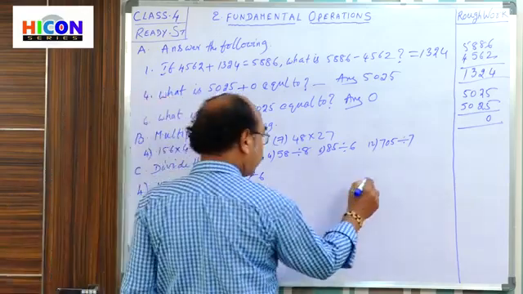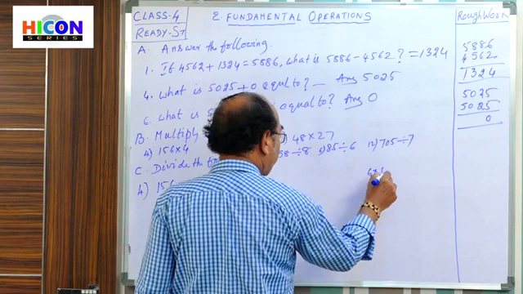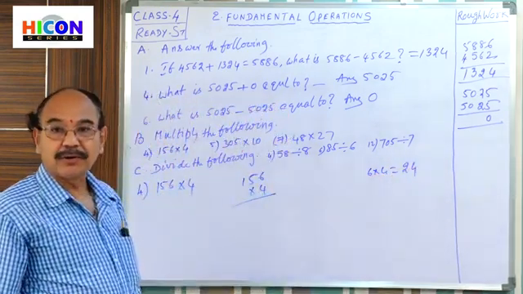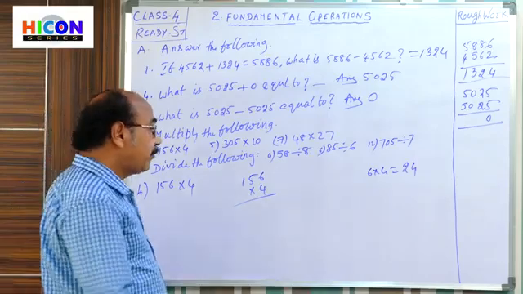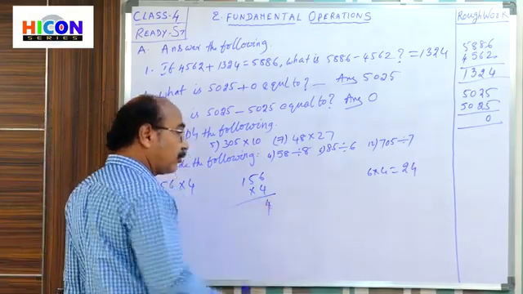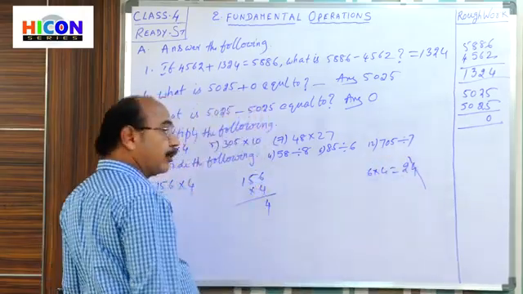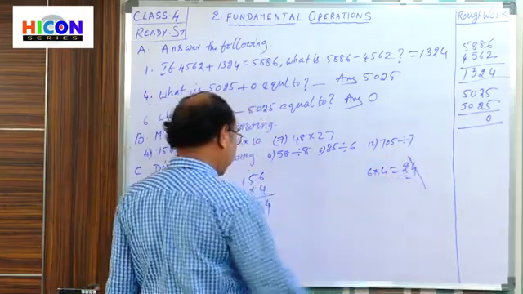6 into 4. 6 fours are 24. Now, write 4 here, and 2 is there, keep in mind.